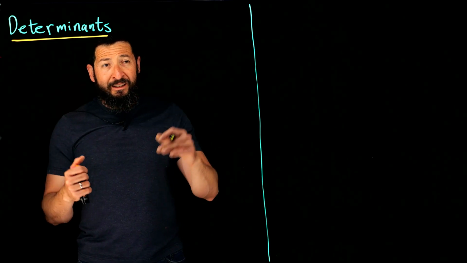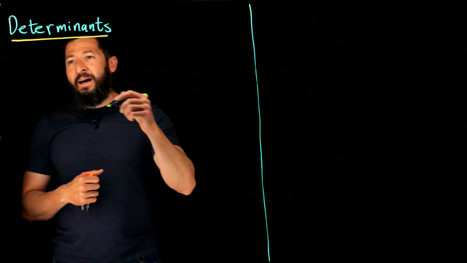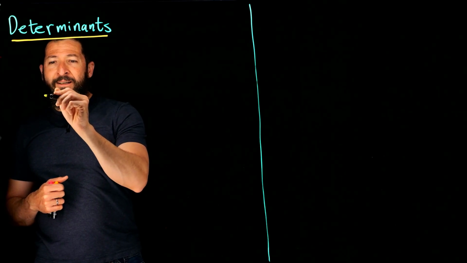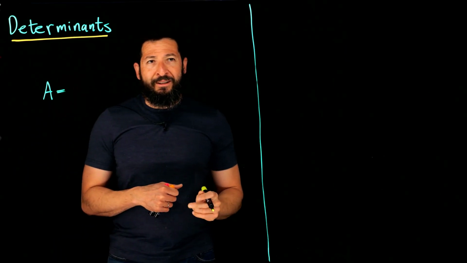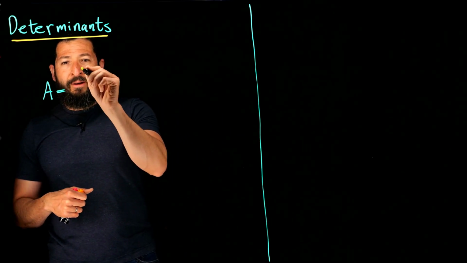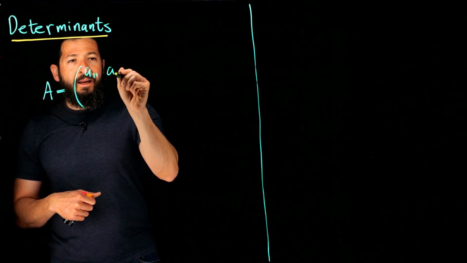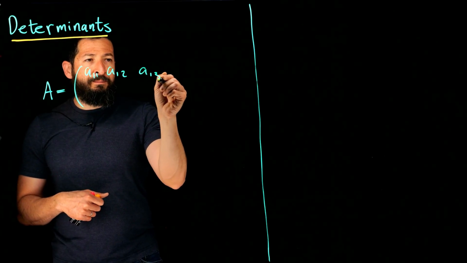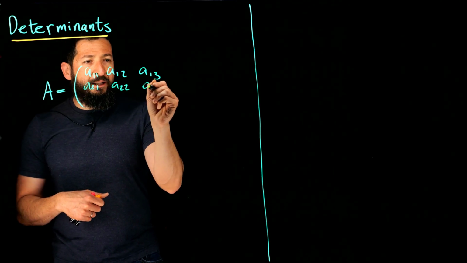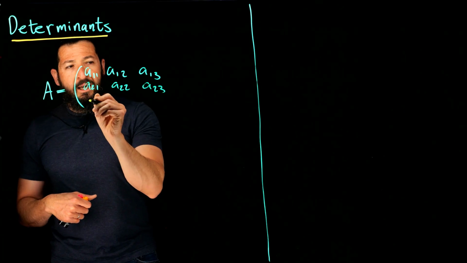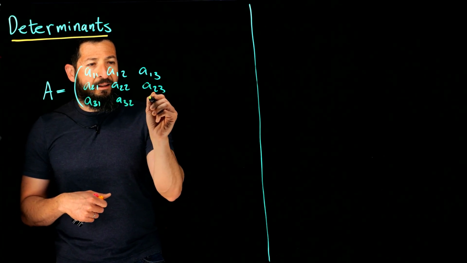If you're interested in seeing the motivation for it, let's put it in the comments, and I may get motivated to do the explanation on a video. But right now, let's say we have the 3 by 3 matrix, and now let's start with A11, A12, A13, A21, A22, A23, and then A31, A32, and A33.